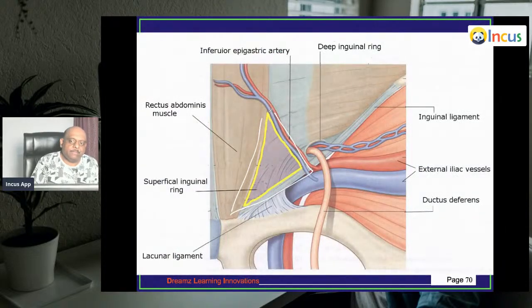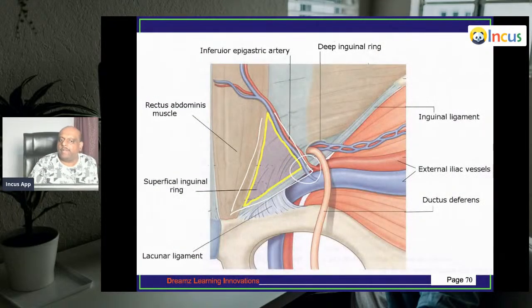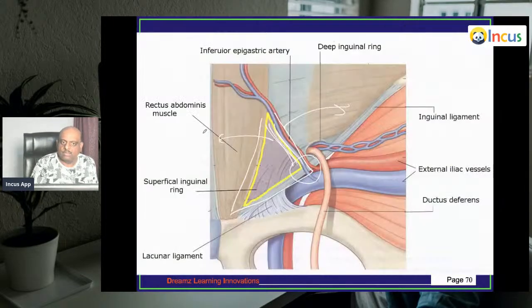The inferior epigastric vessels, as you can see, they are the superolateral border. This is outside, this is the medial aspect, because this is the central line, right?